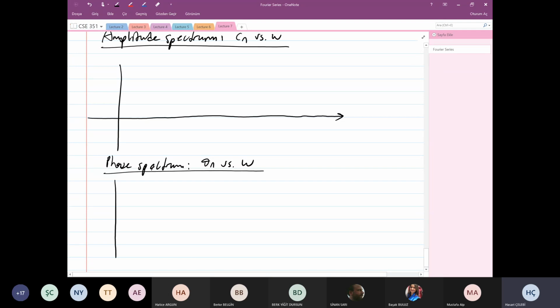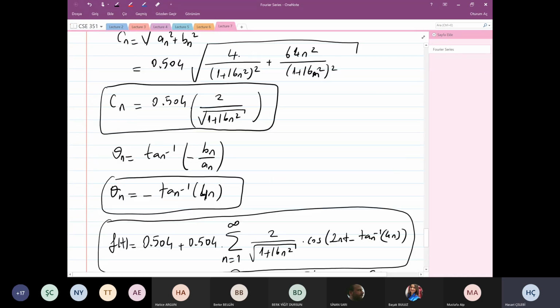And that is theta n and Cn versus frequency. And the W, remember, was equal to what?